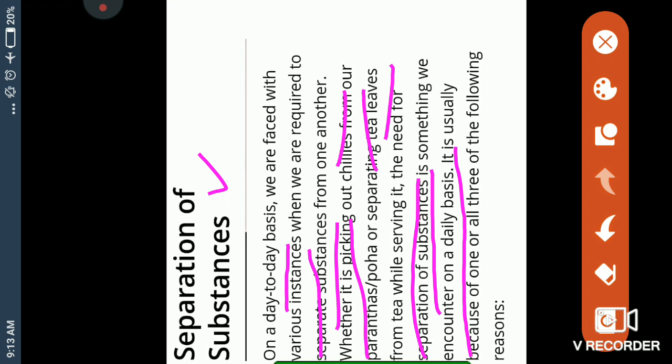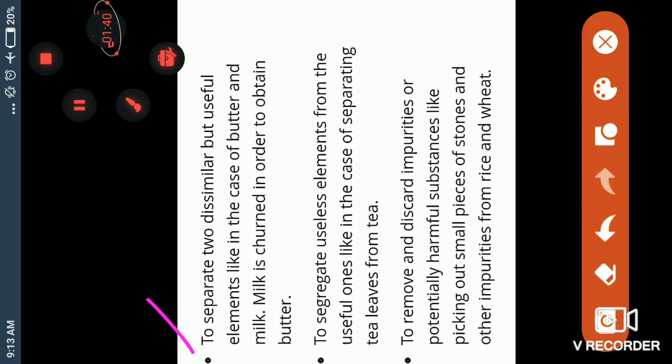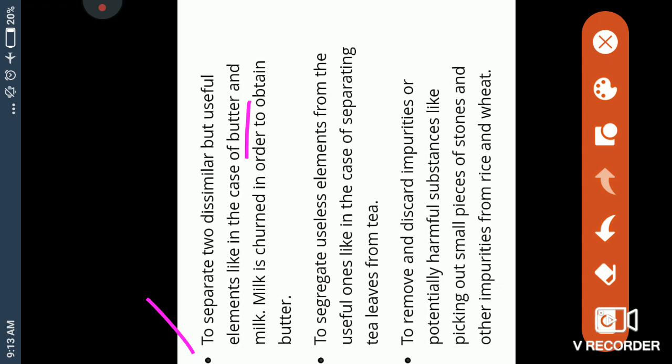It is usually done for three reasons. These are the three reasons. The first one is to separate two dissimilar but useful elements, meaning they are not the same but both are useful, like butter and milk.